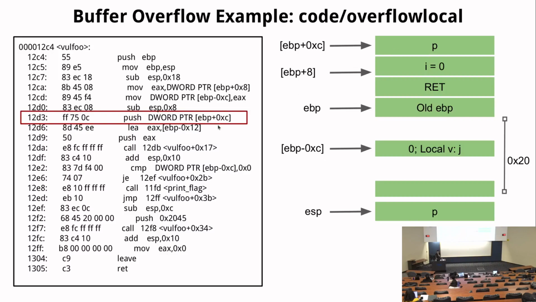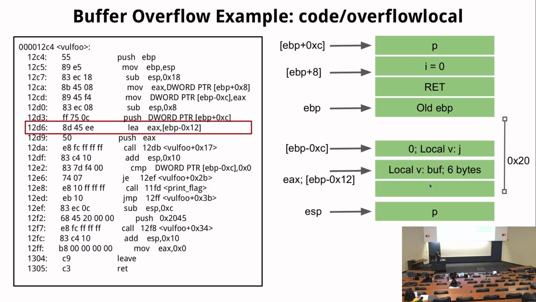So we push that source onto the stack. Then we load the effective address EBP minus 12 into EAX. In this step, we are actually getting the local buffer's address, which is the buff we created at the C level.